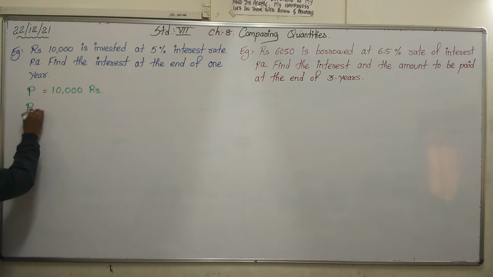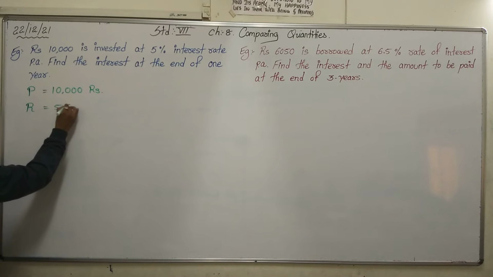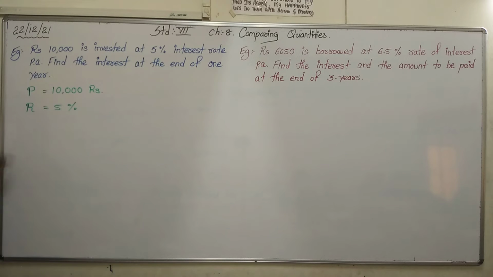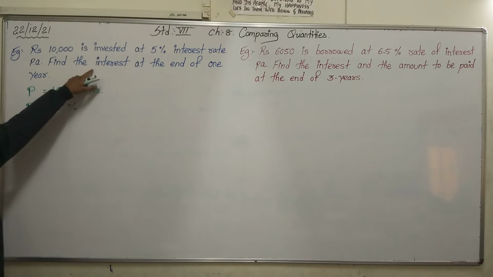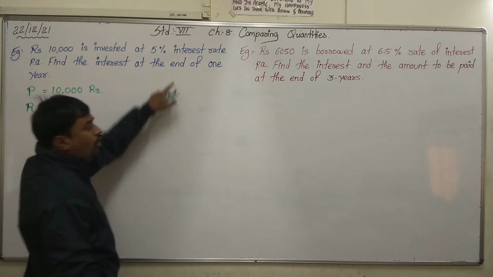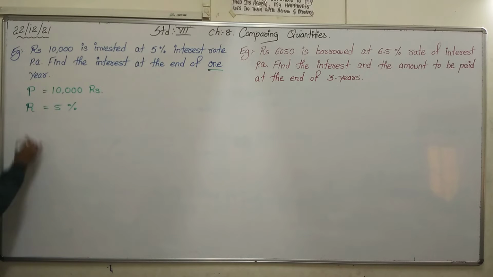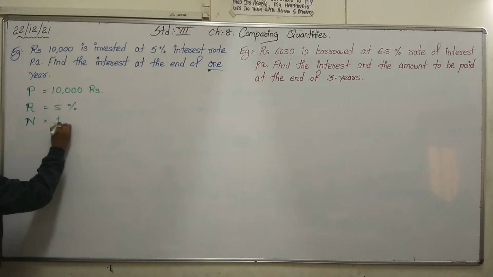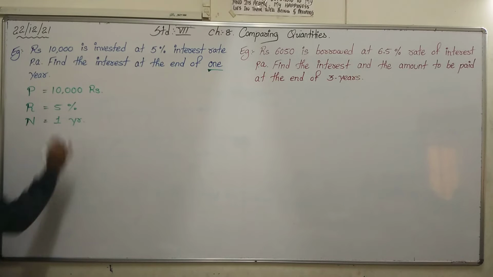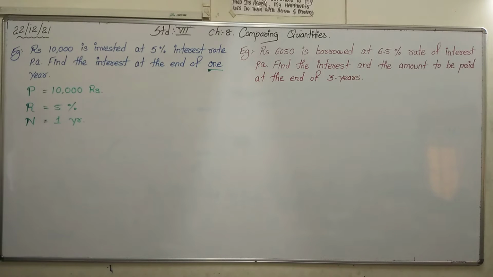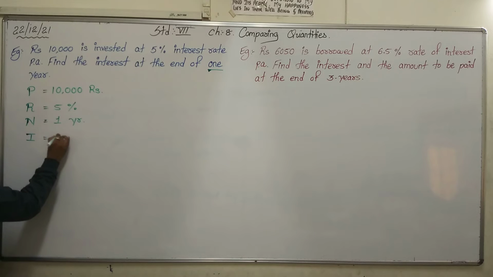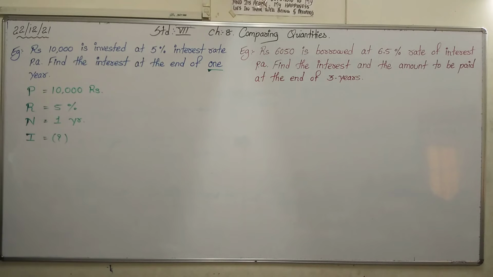So your rate of interest is equal to 5%. Find the interest at the end of 1 year. At the end of 1 year means what? End is given to you. Number of years, that is 1 year. What we have to find? We have to find interest.